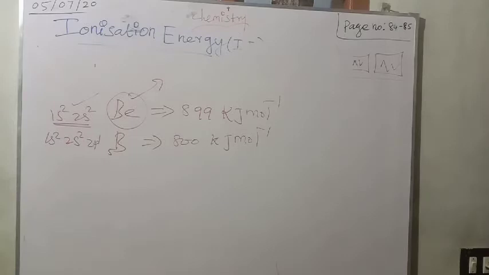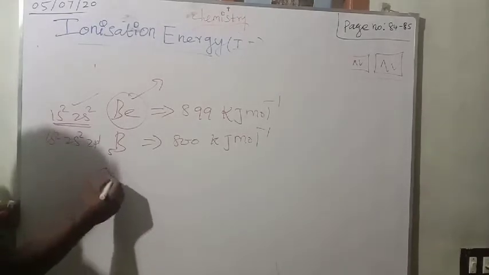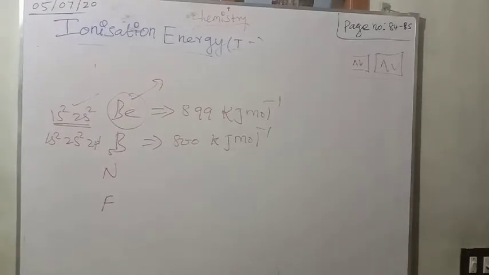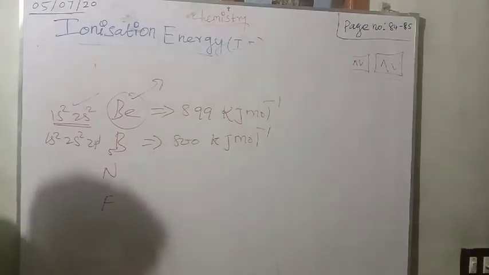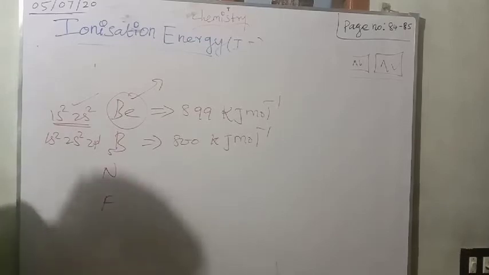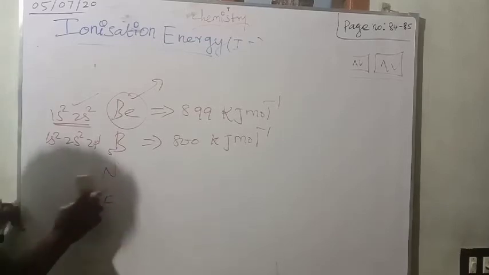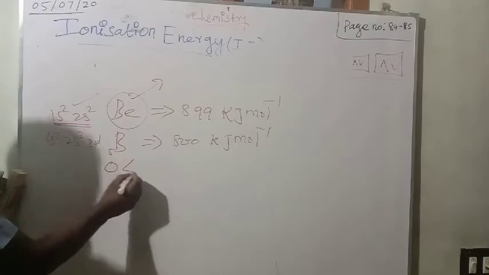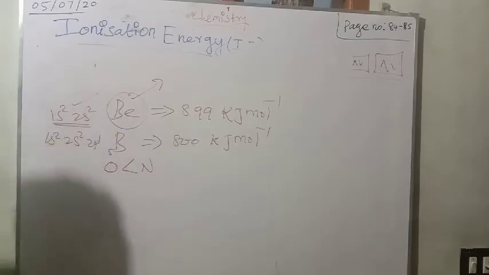The next one is nitrogen and oxygen. What is the ionization energy of, sorry my dear, oxygen and nitrogen? We are going to compare oxygen and nitrogen. Nitrogen has more ionization energy.